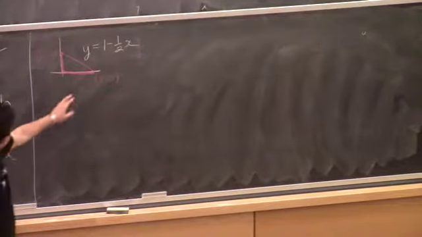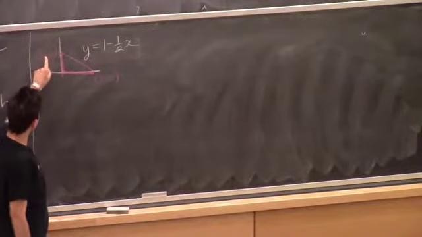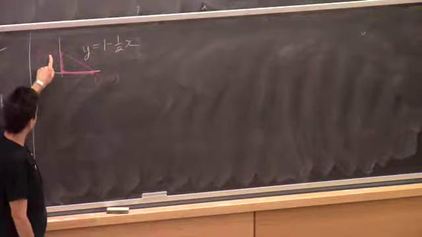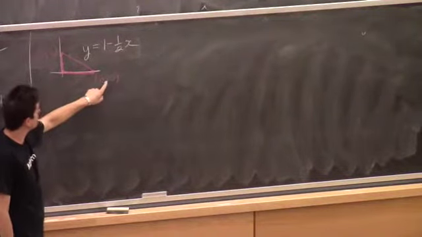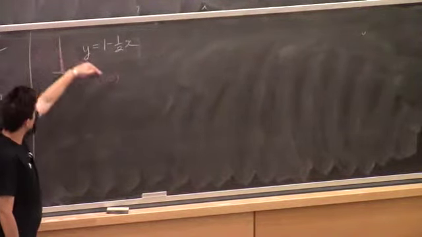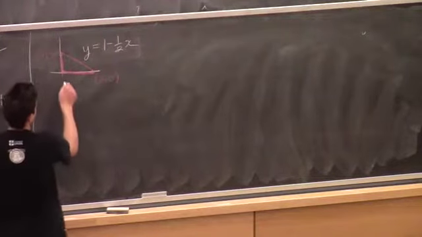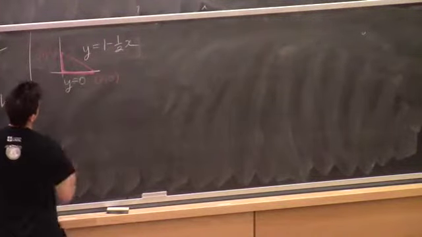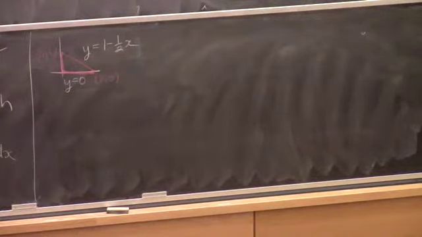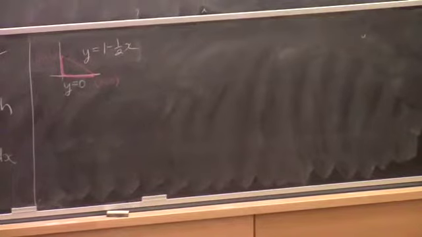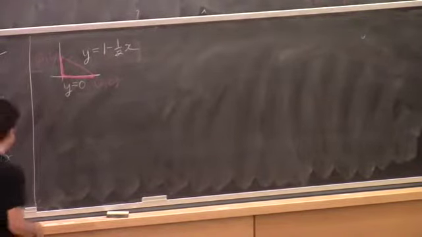Right, we see that this line passes through this point. If we put in 0, we get 1. If we put in 2, we get 0. Okay, so that's the line there. And then this is the line y equals 0. And now we'll do both setups for this guy.